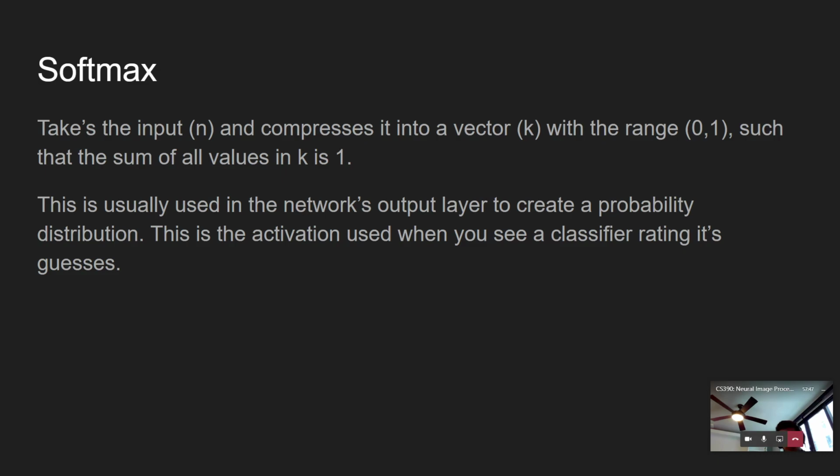It's almost always used only on the output layer, though. You're almost never going to use this internally because it's not that helpful internally, and it takes more computation than something like ReLU does. Whenever you see a classifier that's rating its guesses, like where it has a few different guesses in the top 4 around the screen, that's probably using softmax.